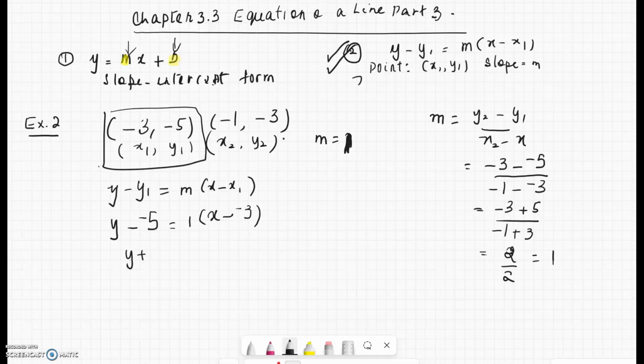So y plus 5 is equal to x plus 3. Solve for y to put it in the slope-intercept form. So subtract 5 from both sides and we get y equals x minus 2, and that's the slope-intercept form. The slope is 1 and the y-intercept is negative 2.